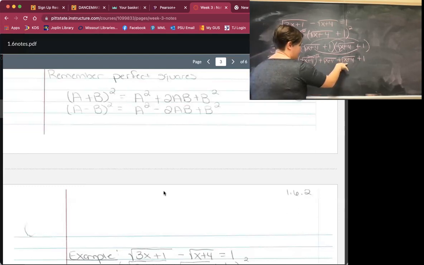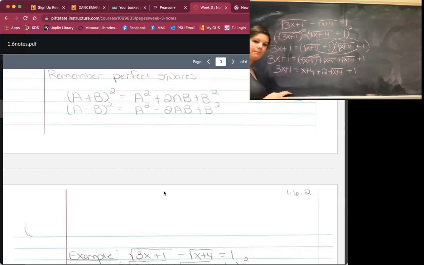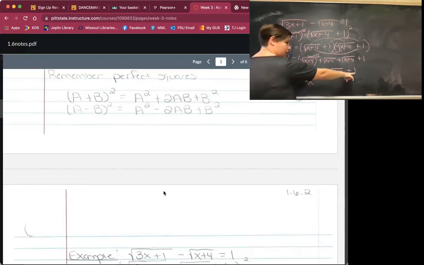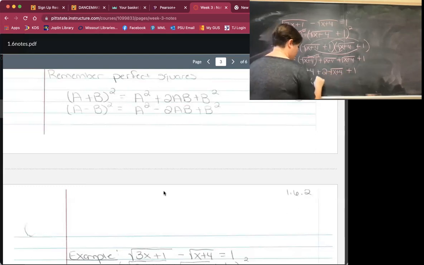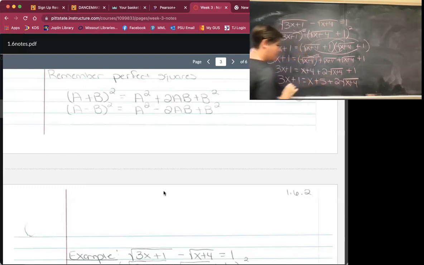Then I have 2 of these square root of x plus 4s, so I have 2 square roots of x plus 4. And then I have a plus 1. So I have 3x plus 1 equals x, plus 4 and plus 1, so that's plus 5, plus 2 square roots of x plus 4.